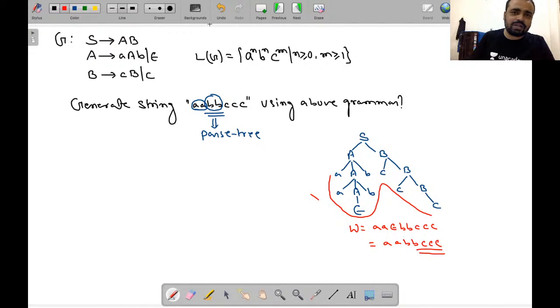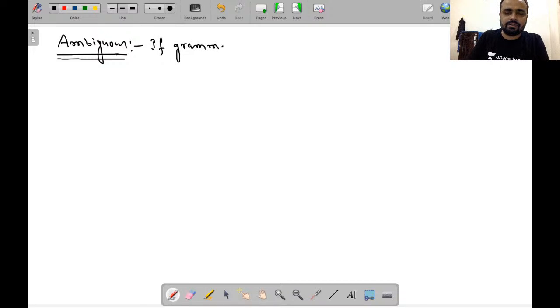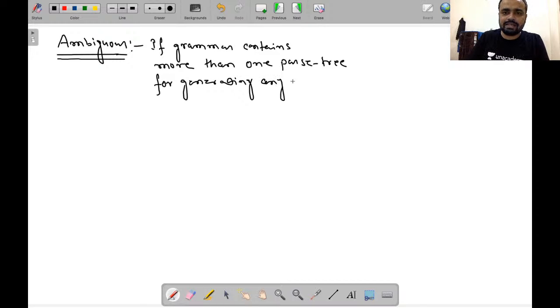So what is the definition of ambiguous grammar? Please try to understand. If a grammar generates more than one parse tree for a single string, or for any one of the strings, it is called ambiguous.